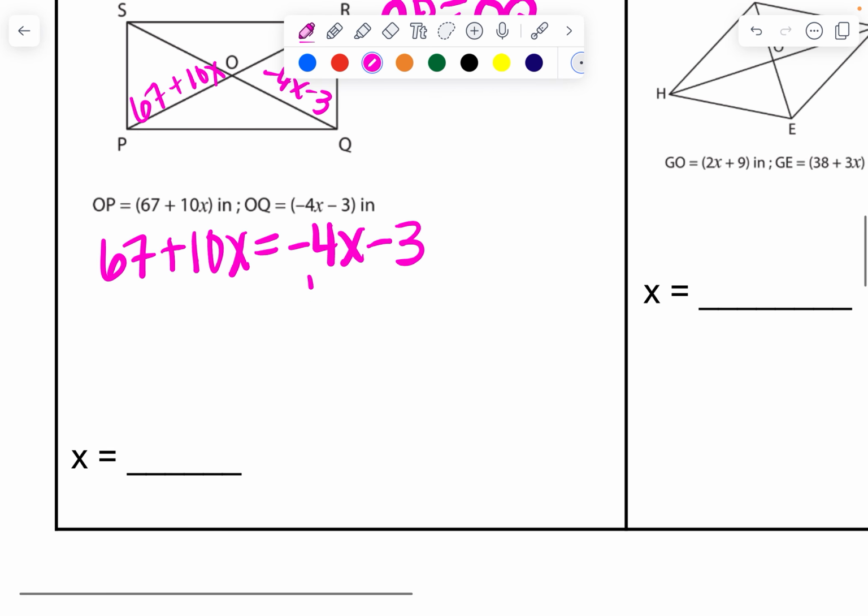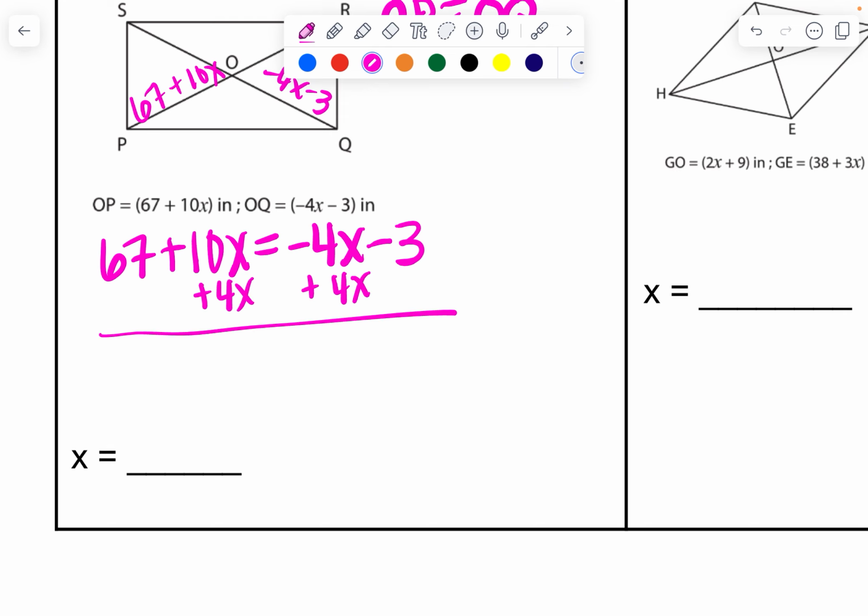So solving this one, I'm going to add 4x to both sides. So I get 67 plus 6x equals negative 3.